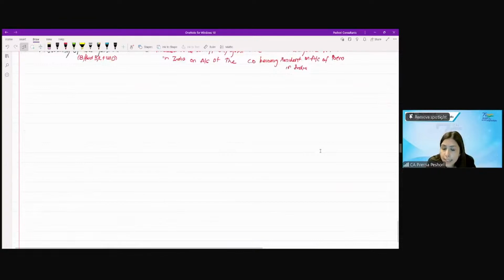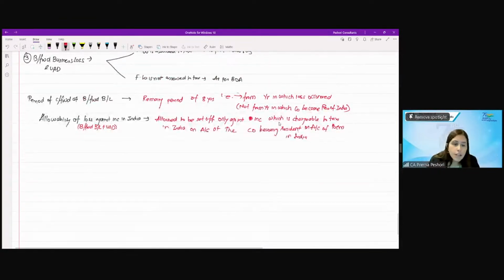So I'm just repeating again. Let's say, for example, I have the income from branch in India. This is, let's say, rupees 2 crores.